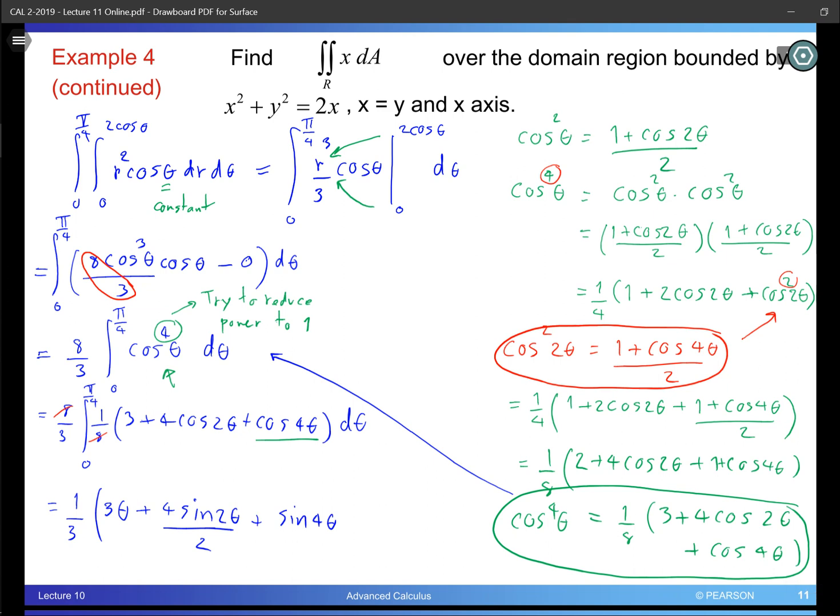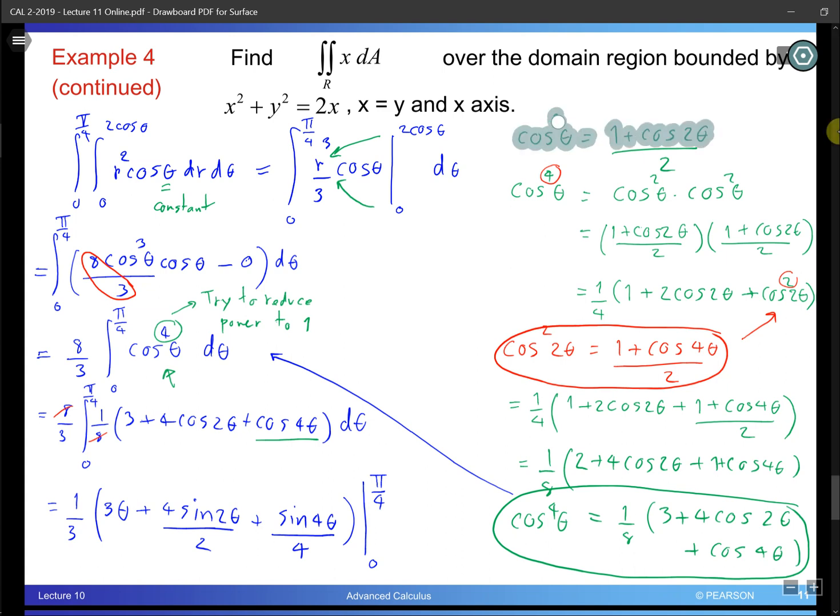You integrate cosine, you get sine. And then don't forget to divide this by 4 because of the chain rule backward. Right? Now, you have to evaluate this at 0 and pi over 4. Okay, we are running out of space, so I'm going to erase some of this part up here.